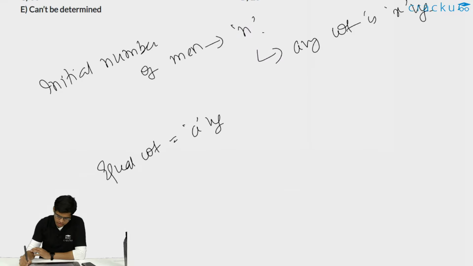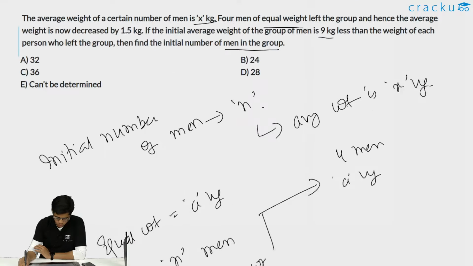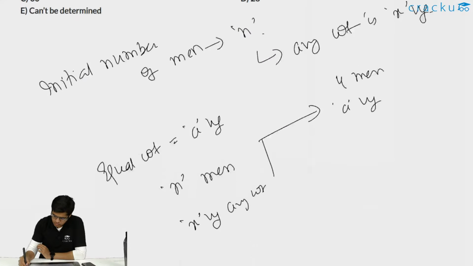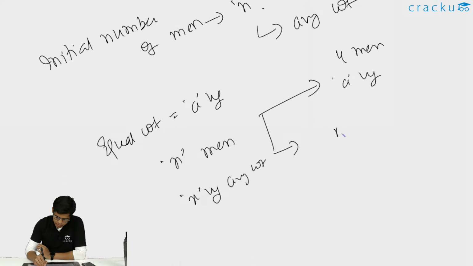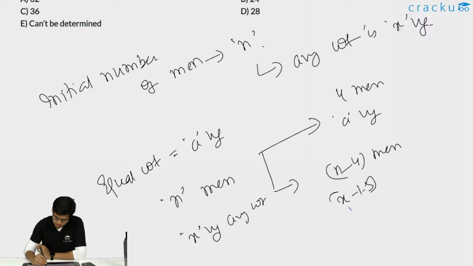Now guys, understand this. n men had x kg average weight, out of which 4 men left having a kg weight. Because of this, the average weight decreased by 1.5 kg. It means the remaining n minus 4 men have an average weight of x minus 1.5 kg.